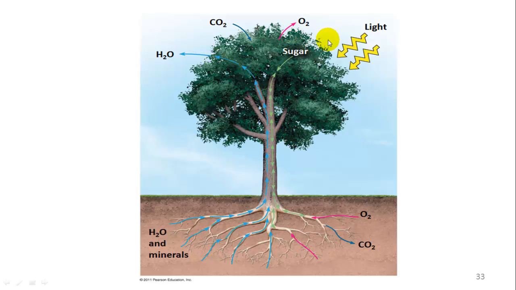Sugar is made at the leaves. Those sugars are loaded by active transport into the phloem. Then it naturally diffuses from source to sink. And that's how substances are transported through plants. The end.